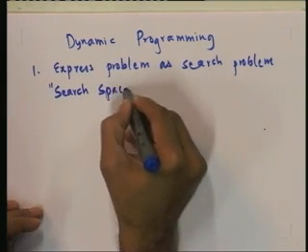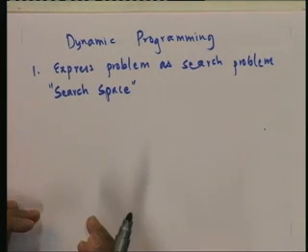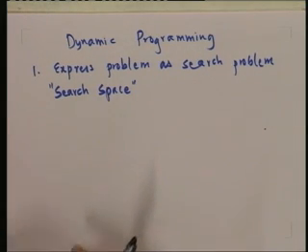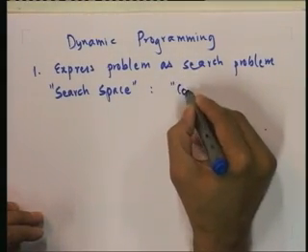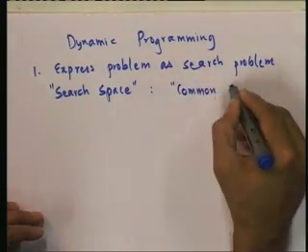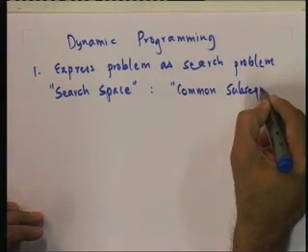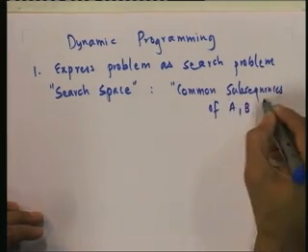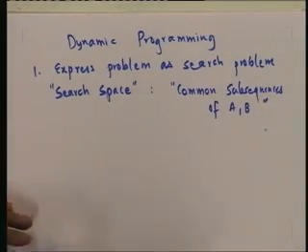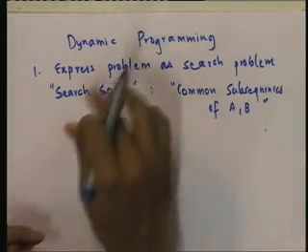So, what is it? What is a possible candidate that you are looking for. Okay, so in our case, the search space consists of common subsequences of A and B. Okay, so we are going to search through the common subsequences, and so in that sense, this first step is over.